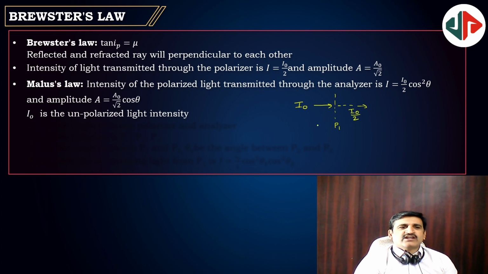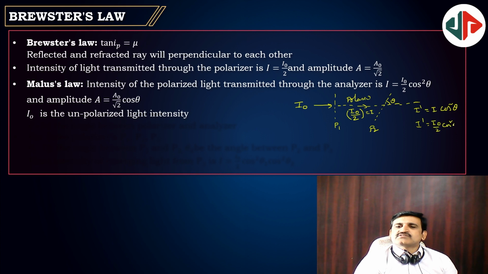Here Malus law is not applicable. Malus law is applicable for this, which is already polarized now. Now another polarizer P2 is kept at an angle theta, suppose. Then light comes out as, whatever this one is, I can call it I. Then I emergent is equal to I cos square theta, or I emergent is equal to I naught by 2 cos square theta.